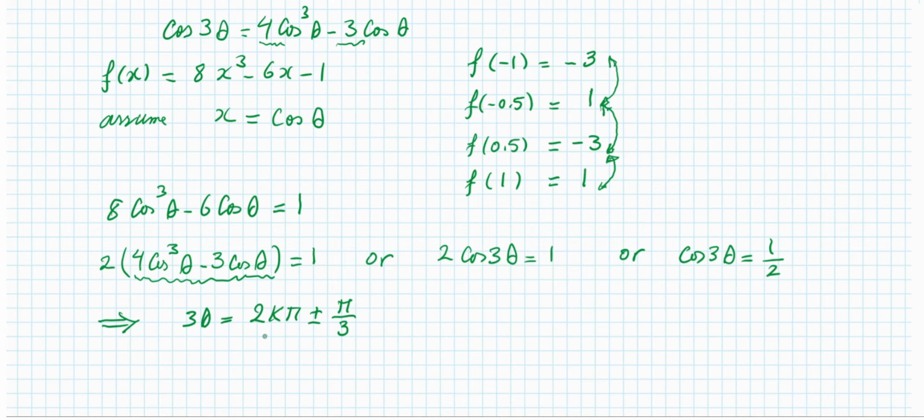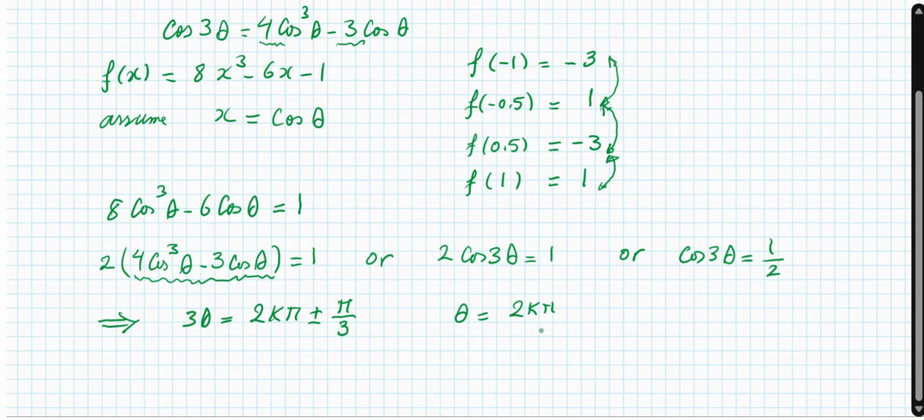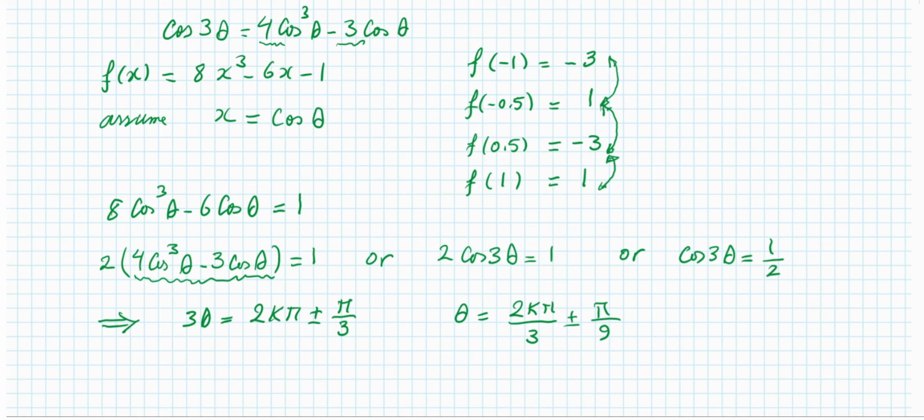So k changes from 0, 1, 2, 3 to infinity, but we remember we need to find only 3 roots, or the first 3 roots of this equation. So theta is equal to 2k pi over 3 plus or minus pi over 9.